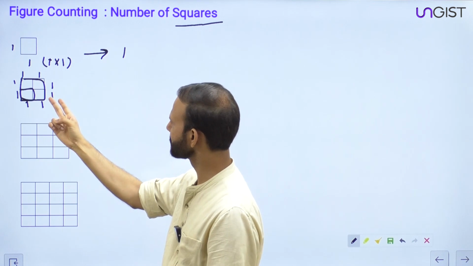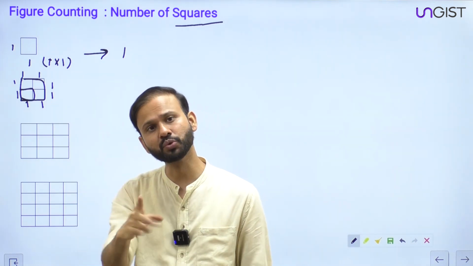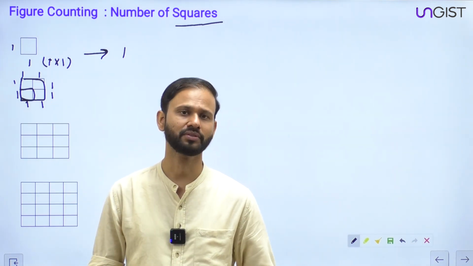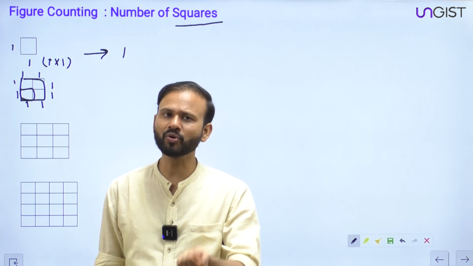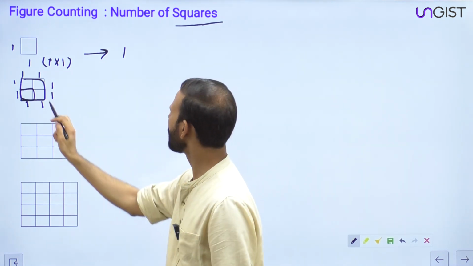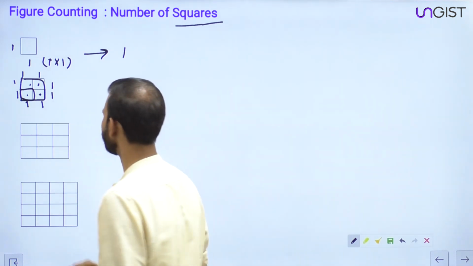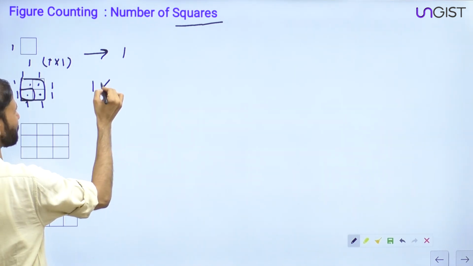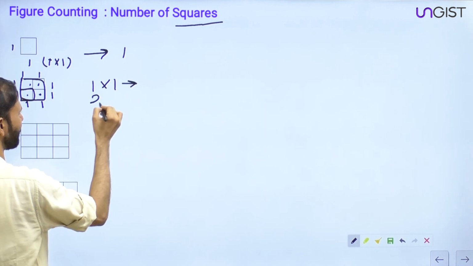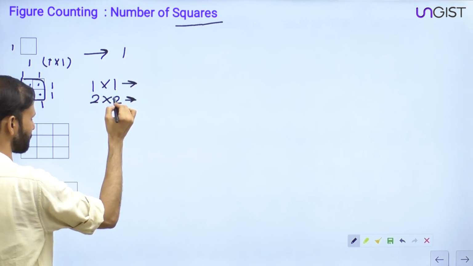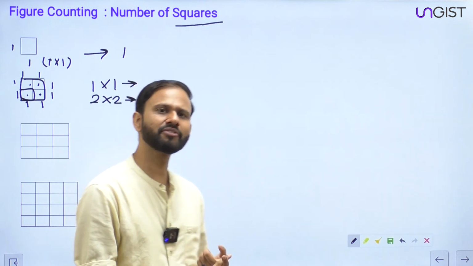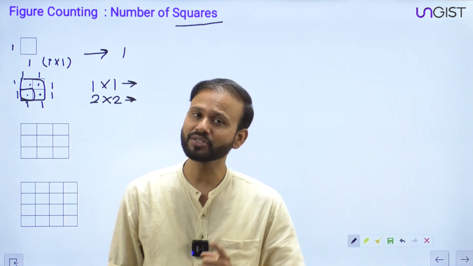We have 2 types of square, 1 by 1 and 2 by 2. So if I talk about 1 by 1 order square, how many do we have over here?